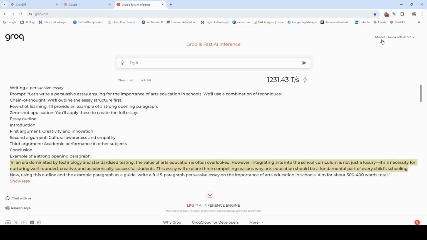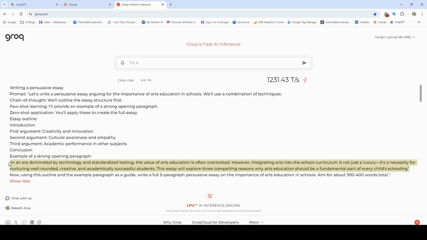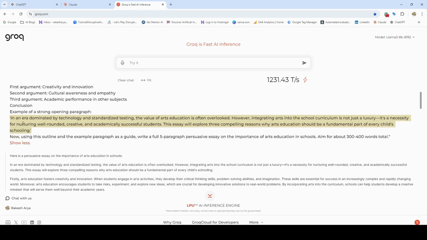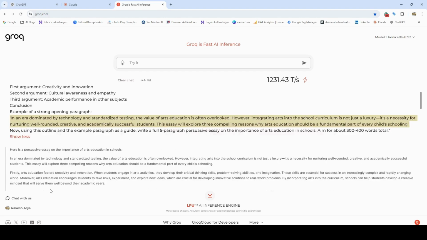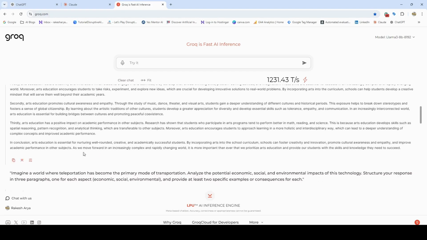But because here we are using Llama 3 8 billion parameters, it is copy and pasting the example that we are giving. We actually didn't want that. We want this pattern to be used, but it's giving the same thing. But that's okay for us. If you want to test it on some other interface, you can do that. But ideally we are getting exactly what we are looking for, and it must be near 300 to 400 words.